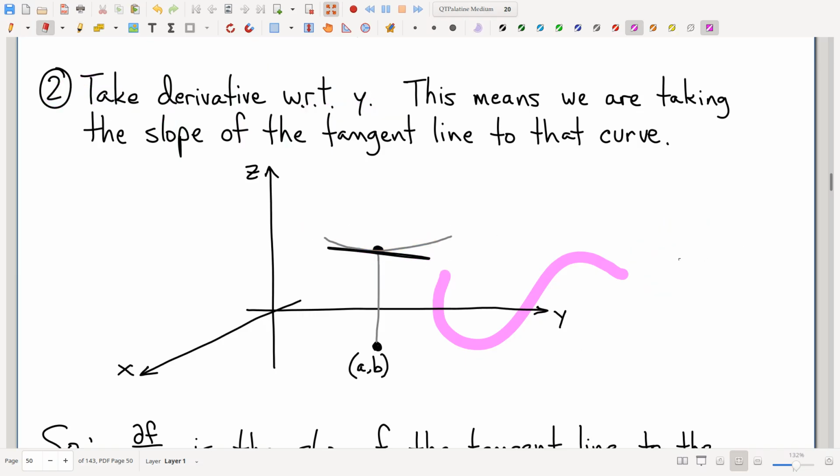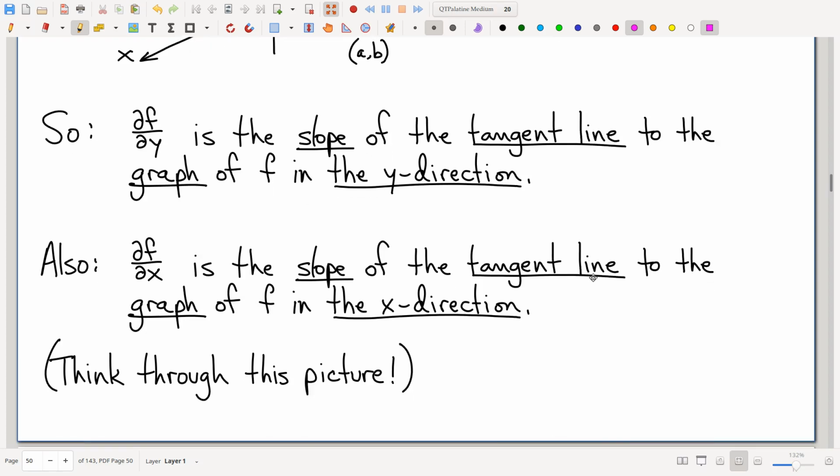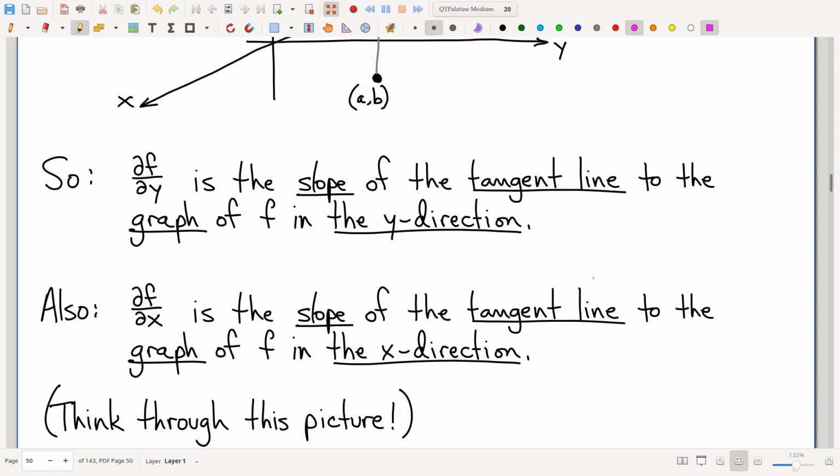Really convenient little punchline. If you are looking at the partial with respect to y, the geometric interpretation in the graph context, I cannot emphasize that enough, the following only makes sense if you're looking at a graph of the function whose partial you're taking. Partial with respect to y is the slope.